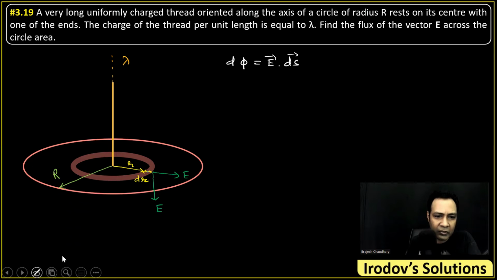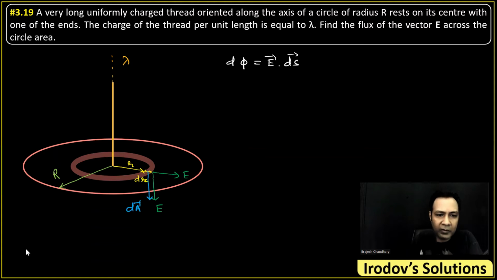If I look from downwards, the normal depends on from where I look. Suppose I look from the downward, so to me the area vector will look towards me, towards the observer. So here the area vector will be like that, and that will be the same at all these points, downward.